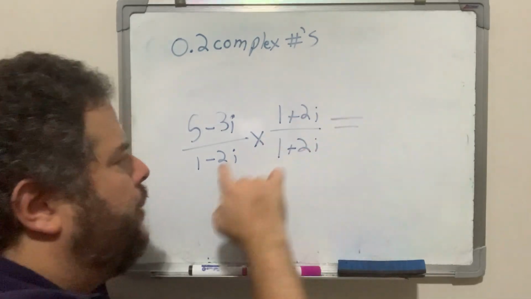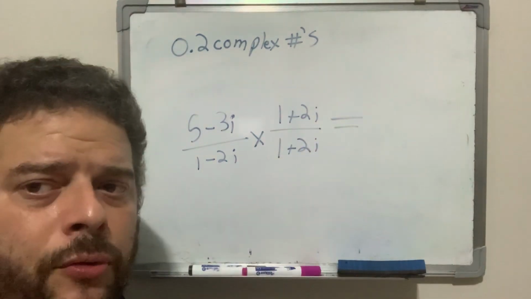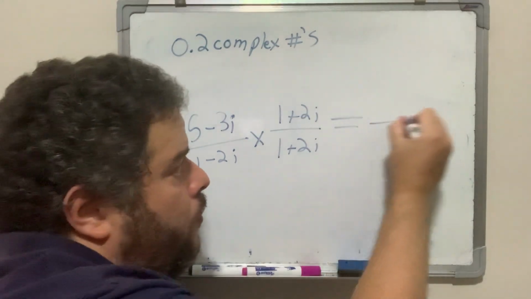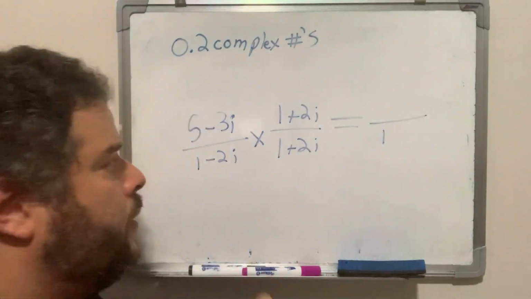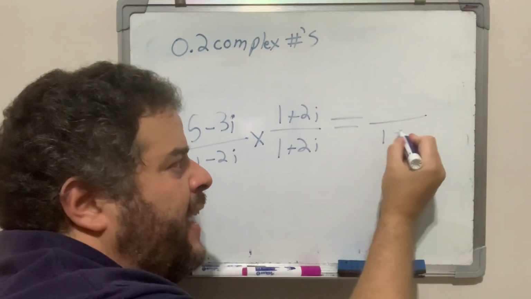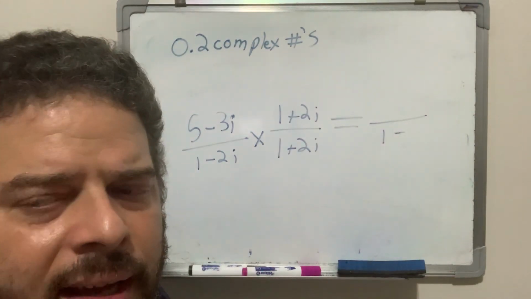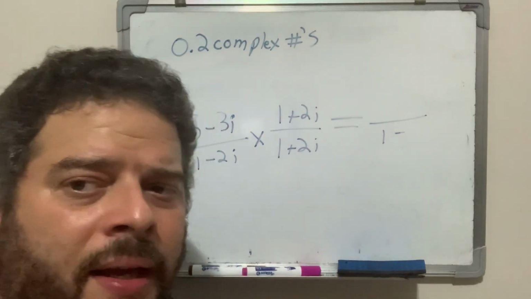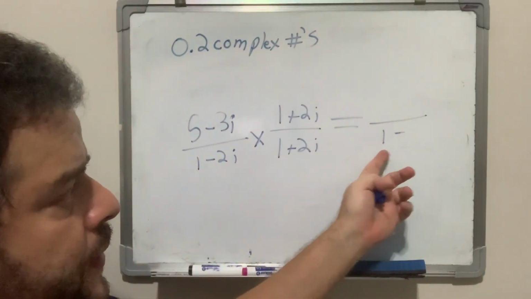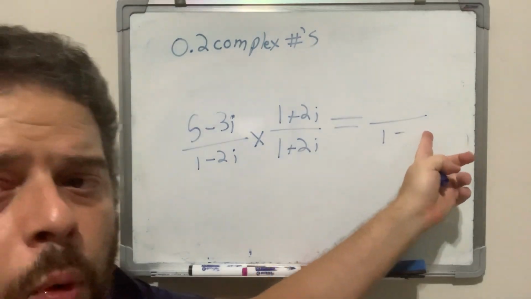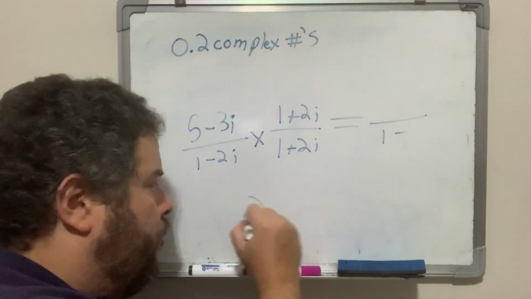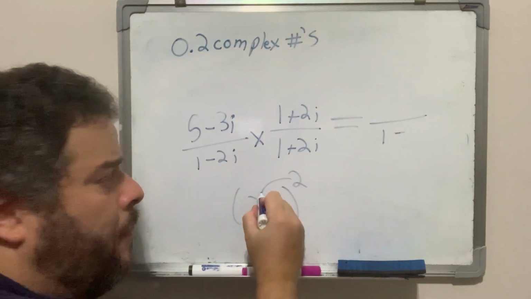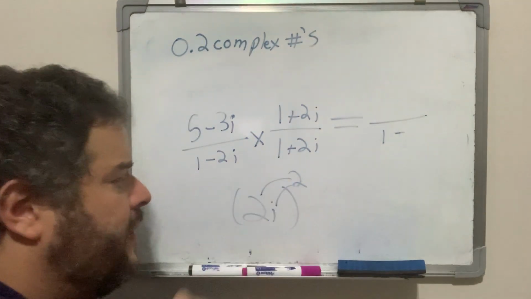Now, when I multiply these two, all you gotta do is square the first. 1 squared is 1. You always have to put a negative here. Always put a negative sign. Don't even have to ask, don't even have to think. It's always gonna be negative. You square the first, put a negative, and then square the second. Remember, 2i squared, the exponent applies both to the 2 and to the i.